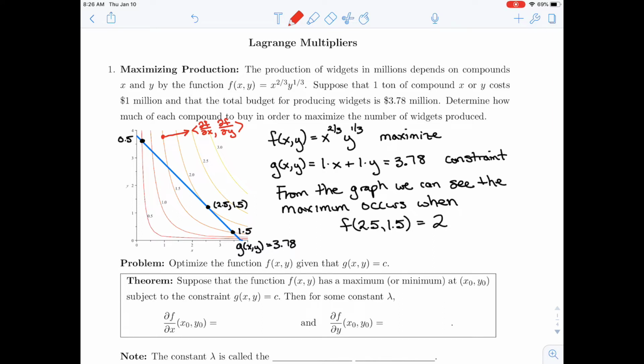So if I picked a different point on a level curve, I could pick one like that, or one like that, and the derivative vector is always going to be perpendicular to those level curves.